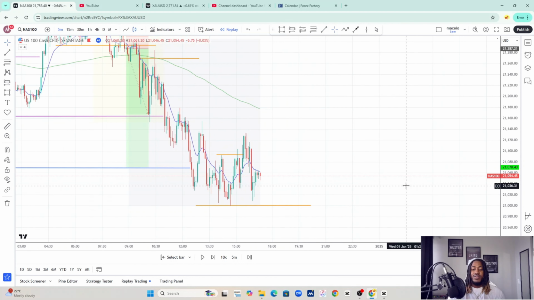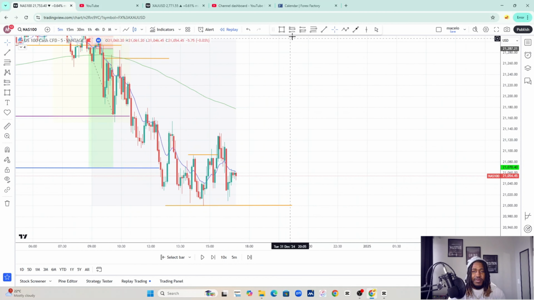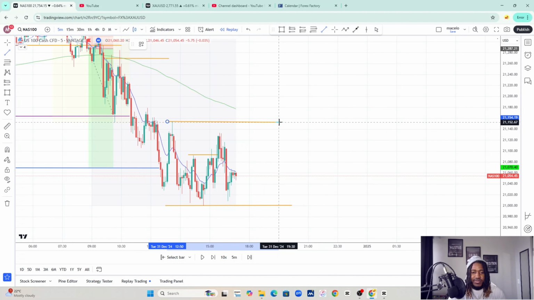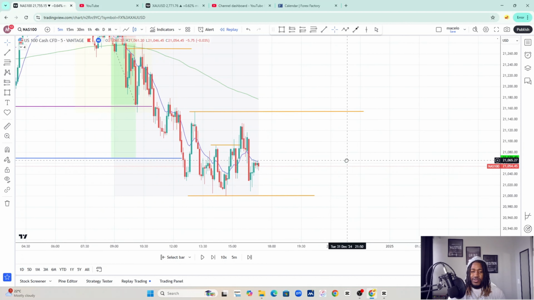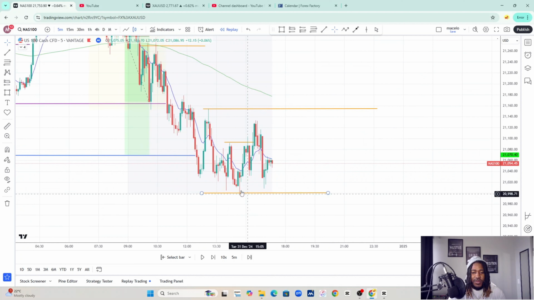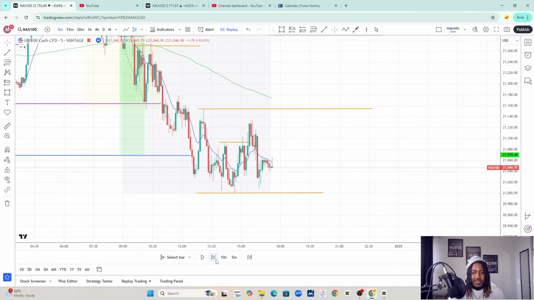So all these things is what I look at. But you have a major area also at the top here. Cool. So what I want to look at is I want to see if I can get some kind of reaction from one of these areas. So let's go.